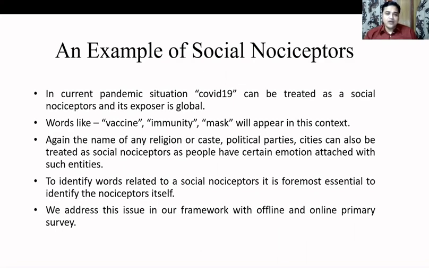When news related to COVID-19 is presented in a provocative or problematic manner, certain words like vaccine, immunity, and mask will appear in that context. That is the basic concept of our approach: there will be certain words which appear in the context of a particular social nociceptor.